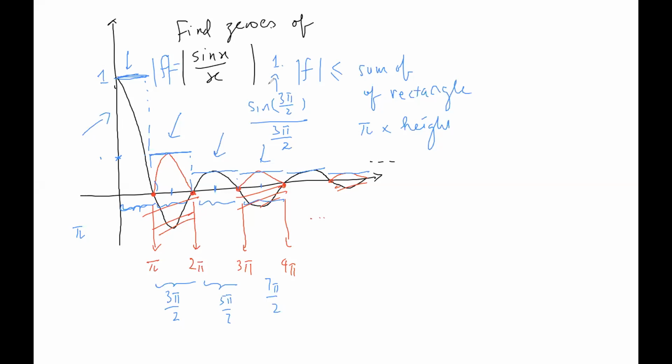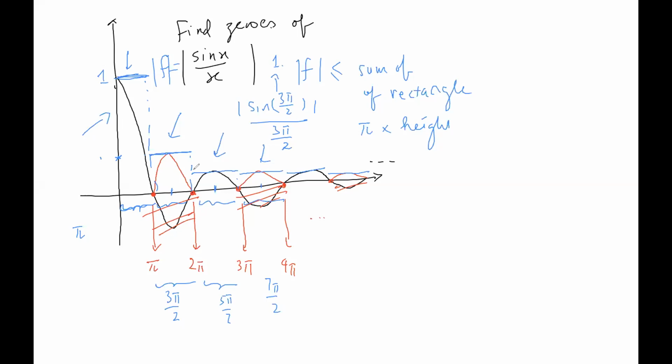Let's verify that it's actually 1. You're taking absolute, so sine 3 pi over 2 is how much? Okay, it'll be minus 1. And then you take absolute, it becomes 1, right?